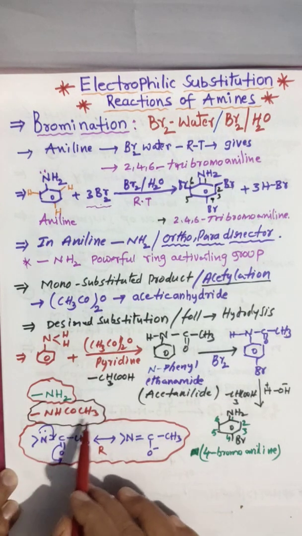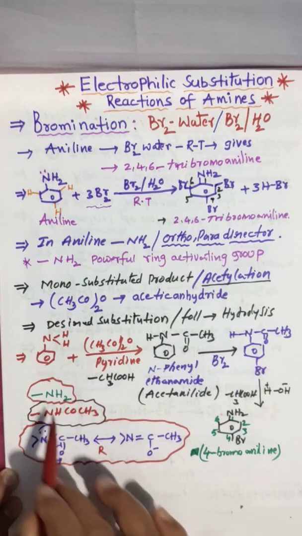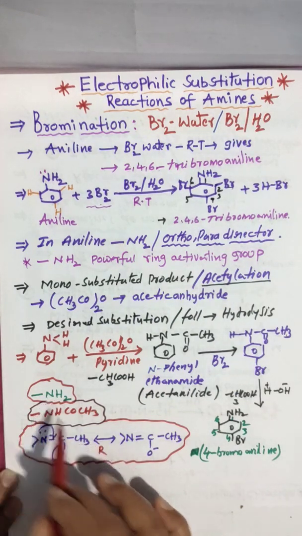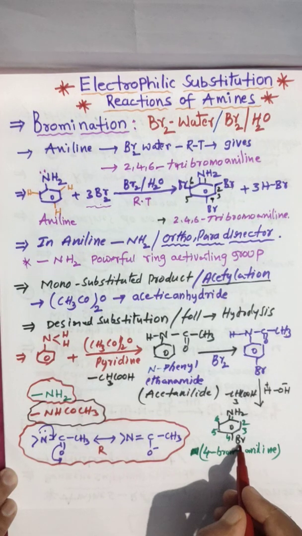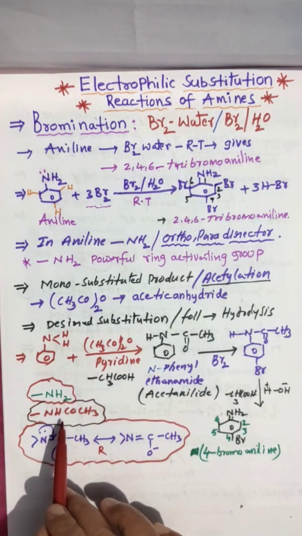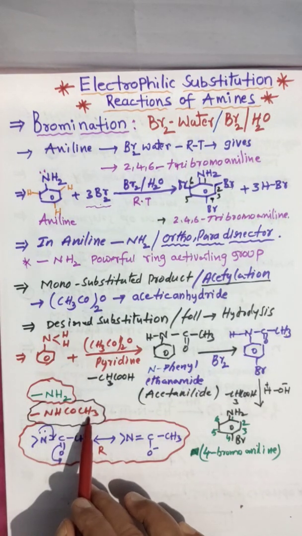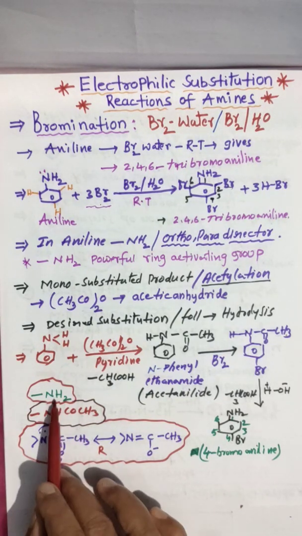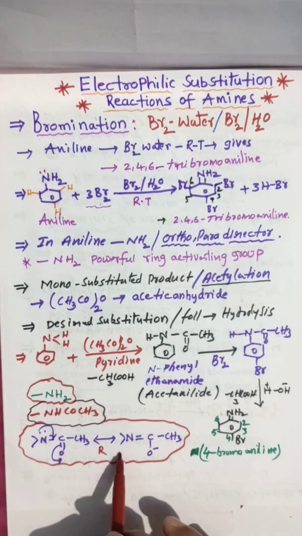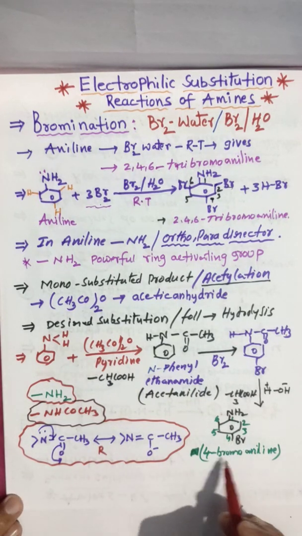That's why it will give only the mono substituted product. Remember, the activating effect of the NHCOCH3 group is less than NH2 due to resonance. And that's why you are getting mono substituted.